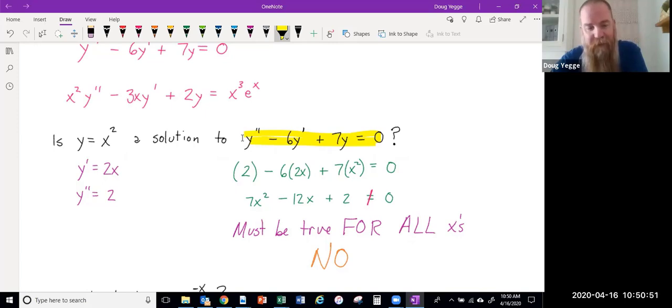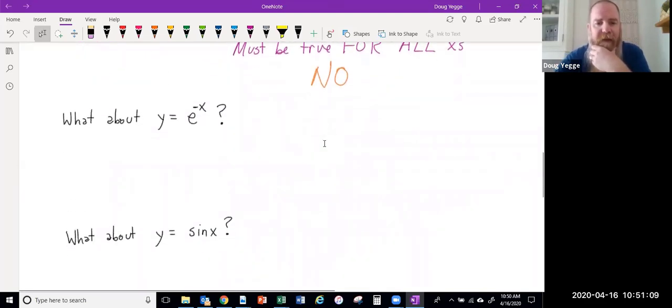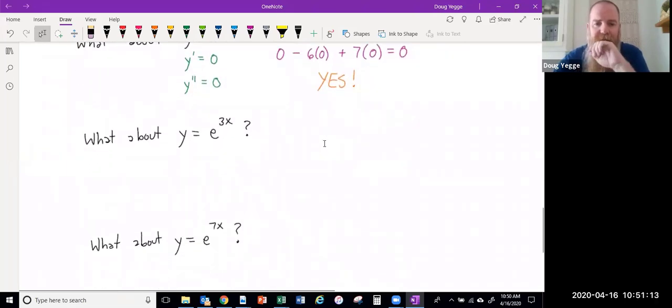That's right, because derivatives of exponentials are other exponentials that look very similar. So it would seem reasonable that the solution to this would probably be an exponential function. I just want to see whether or not these are going to be solutions here. So go ahead and pick y equals e to the negative x, sine x, e to the 3x, and e to the 7x.